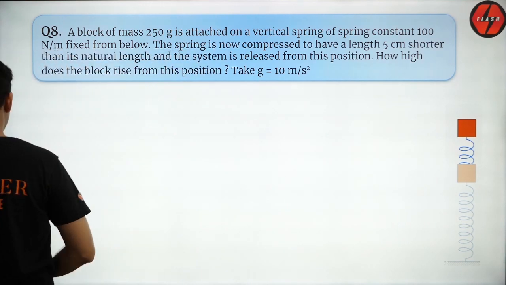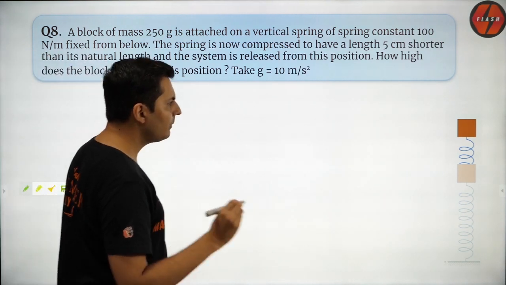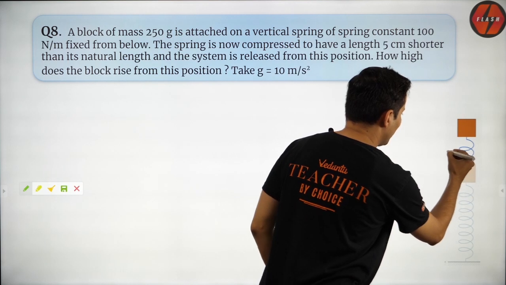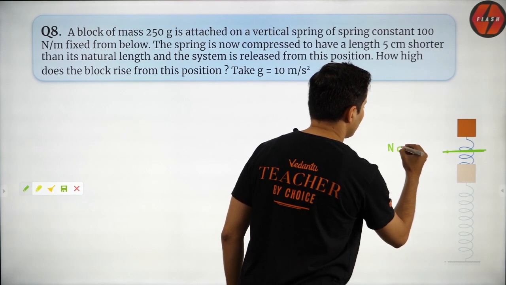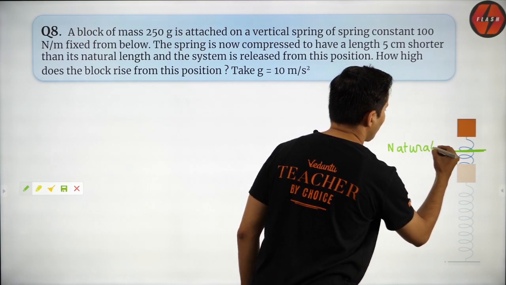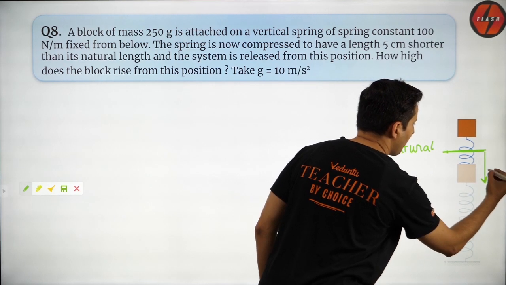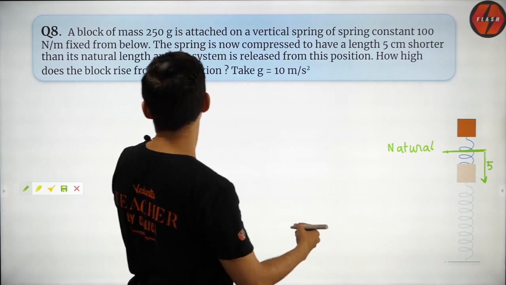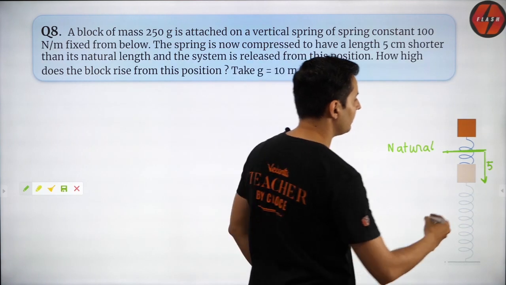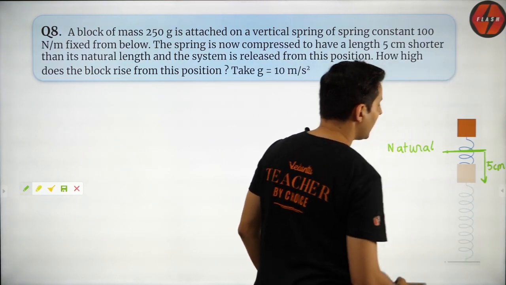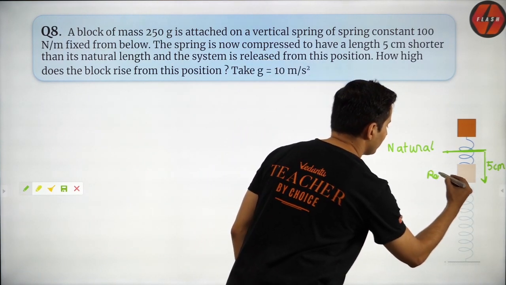So understand, in this problem, maybe this is the natural length. For example, you have compressed the spring by 5 centimeters, I believe that's what is given, and you are releasing it from rest over here.